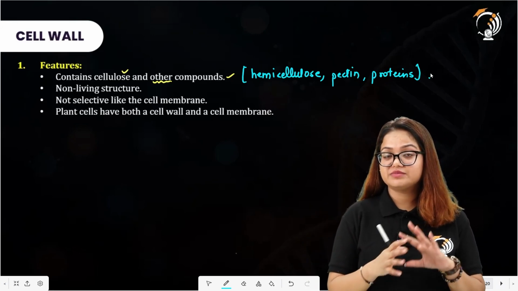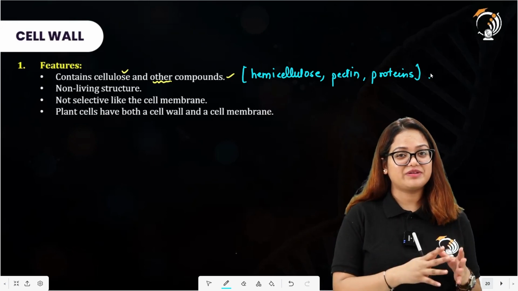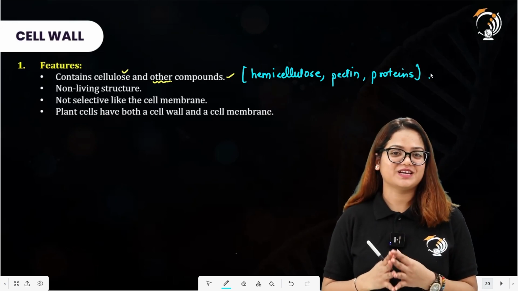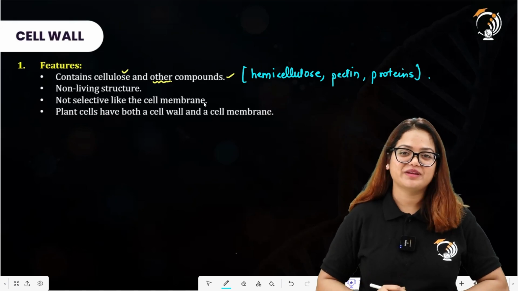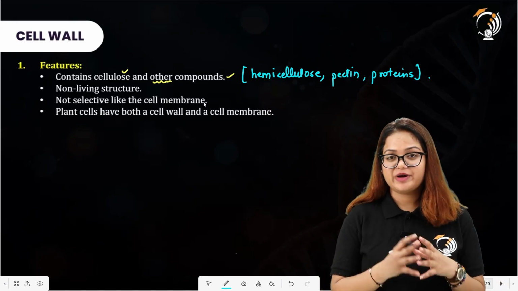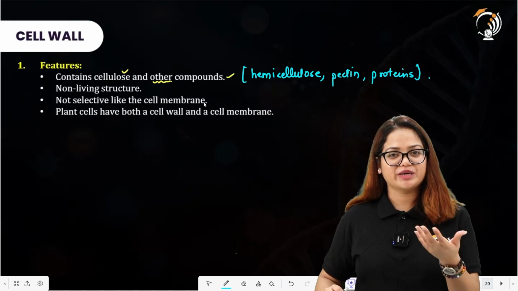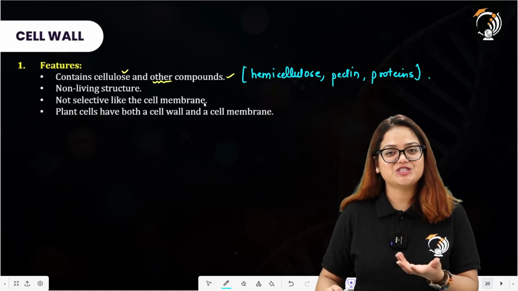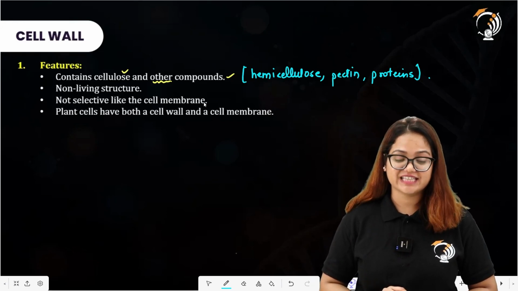It is a non-living structure. It is not something like the cell membrane. The cell membrane was a living structure; this one is a non-living structure. It is also not selective like the cell membrane. The cell membrane shows selective permeability, or you can say it is partially permeable in nature, but the cell wall is not selective like the cell membrane.